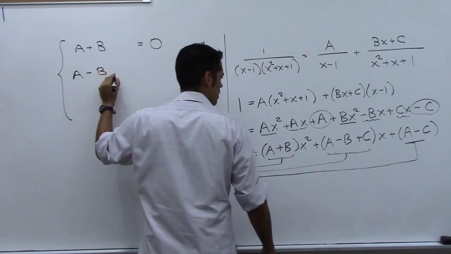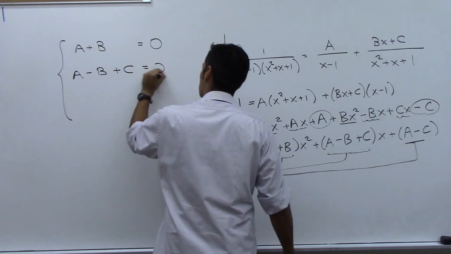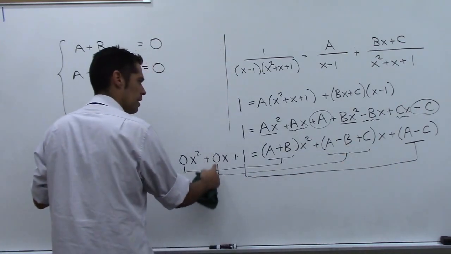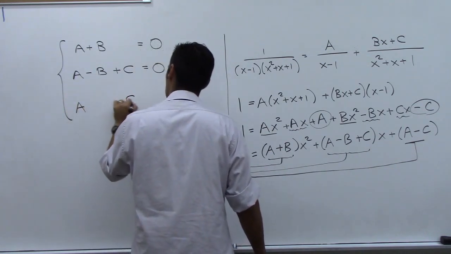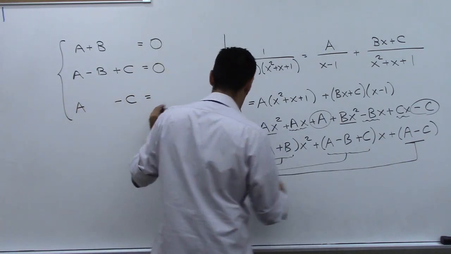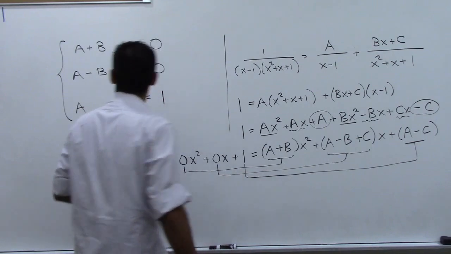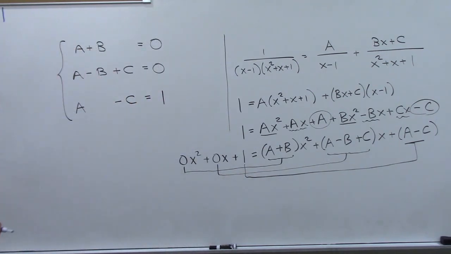A minus B plus C must also equal 0. Okay, that coefficient on the x has to be 0. And then A minus C must be equal to 1. And so I look at this, and I could use my calculator, but it might be an easier way here.